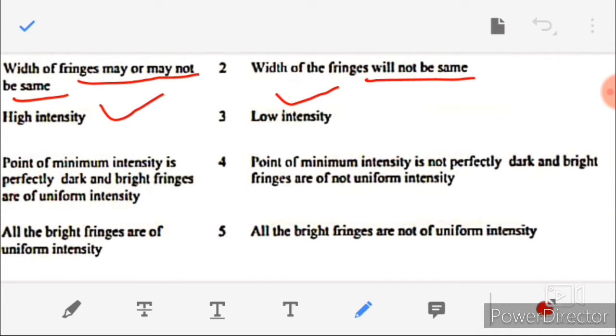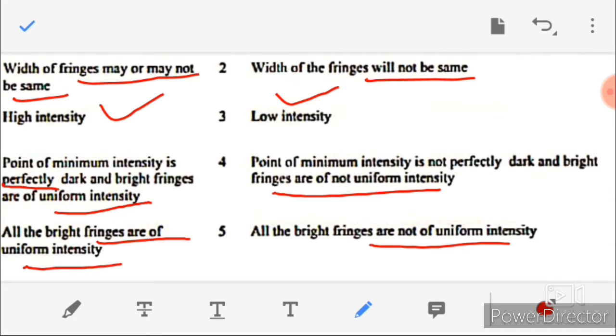Next point: in interference, points of minimum intensity are perfectly dark and all the bright fringes are of uniform intensity. In diffraction, points of minimum intensity are not perfectly dark and the bright fringes are not of uniform intensity.